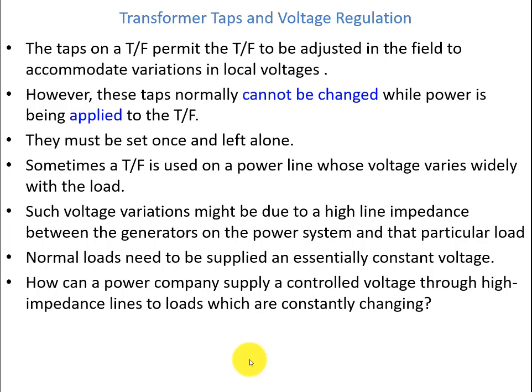Sometimes in our homes, during a high demand time or the peak time of the load, we usually experience low voltages. Sometimes it reduces from 220 volts to 200 volts, or sometimes it even goes to 180 volts. But most of the equipment is actually designed for 220 volts.